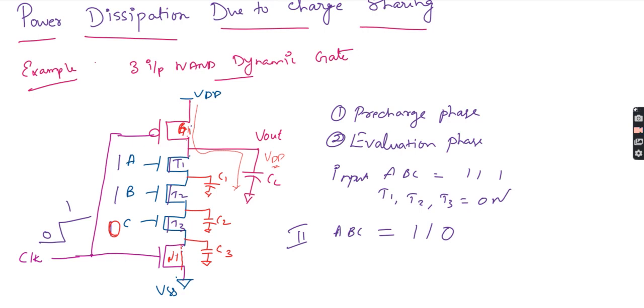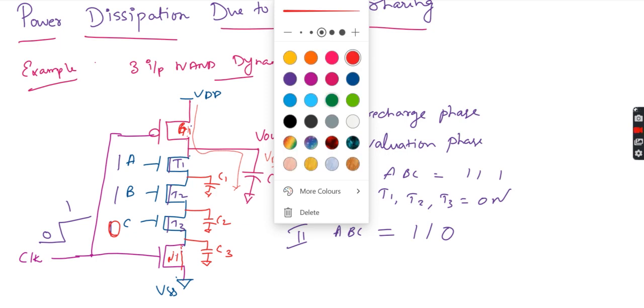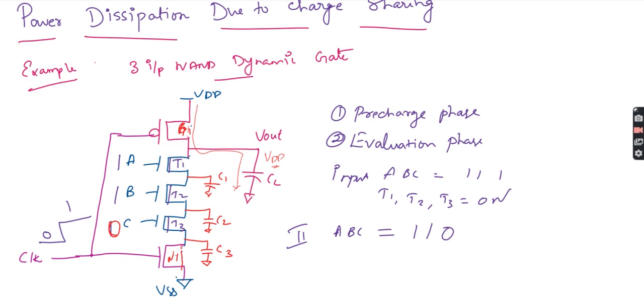Now see clearly here what will happen. The capacitance, the amount of charge will be CL VDD, right? This will try to discharge. How much will be here? The value will be VDD because it is completely, fully charged.